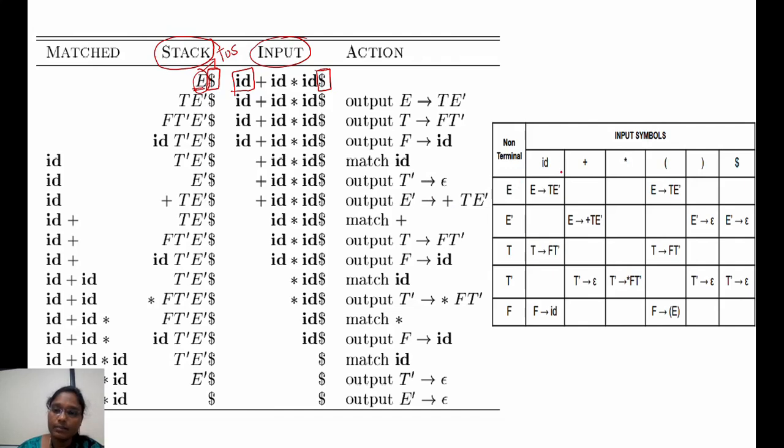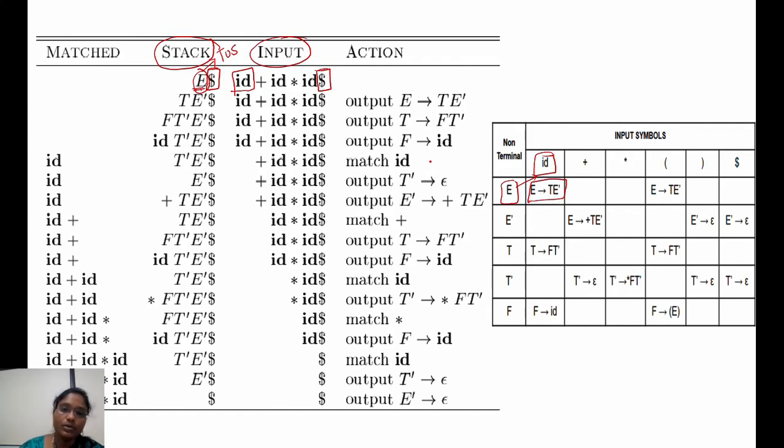So when we check in the parsing table, we have E on ID. This is the first symbol of the input string that we are reading now, and this is the top of the stack. So what is E on ID? We have a production here, E gives TE dash.